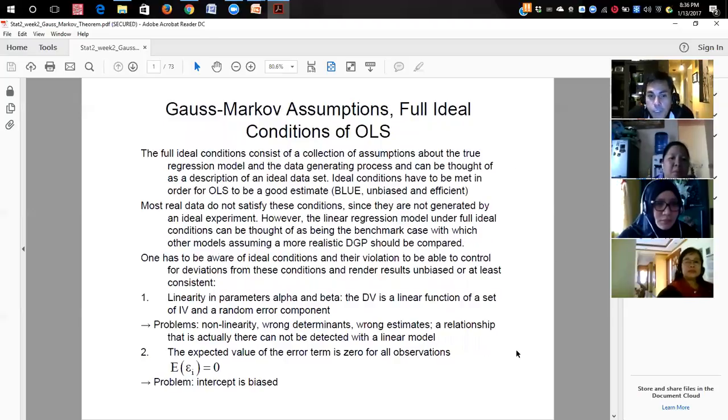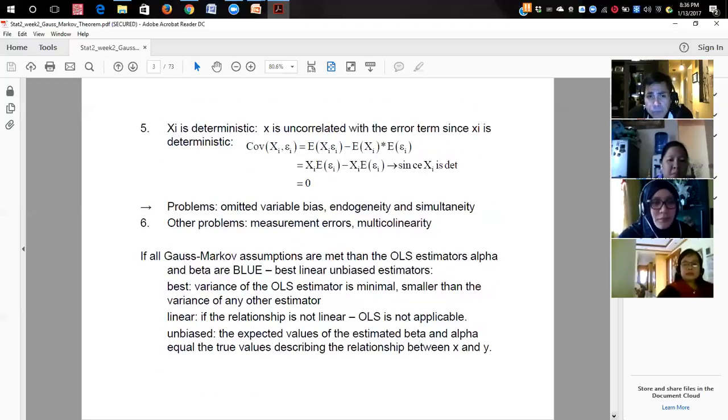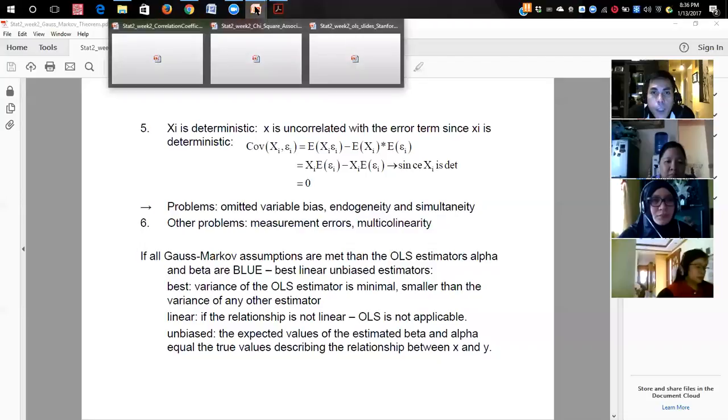These are the 5 important concepts in ordinary least squares, that your independent variable is uncorrelated, and that the error term, which is expressed by xi, the error term of your independent variable, is deterministic. So this is the basic concepts of ordinary least squares.